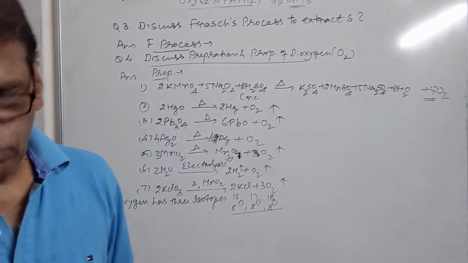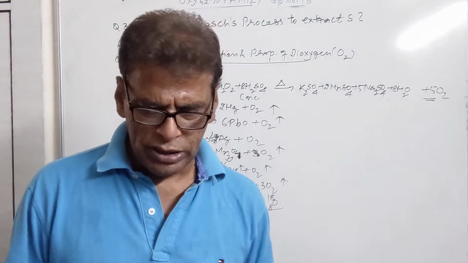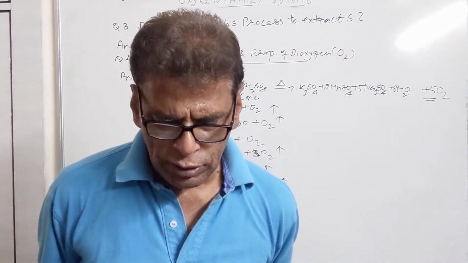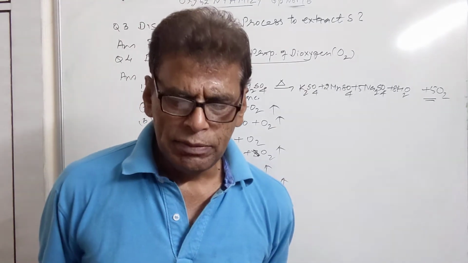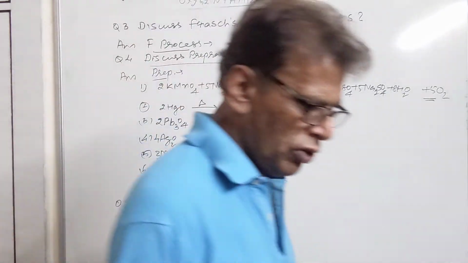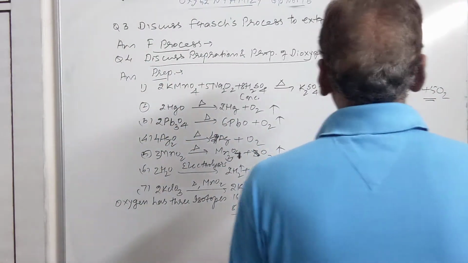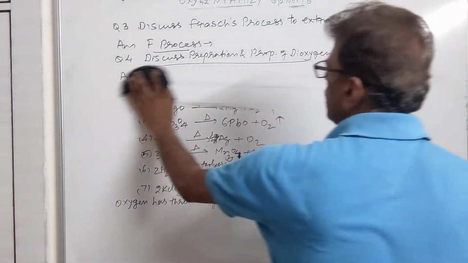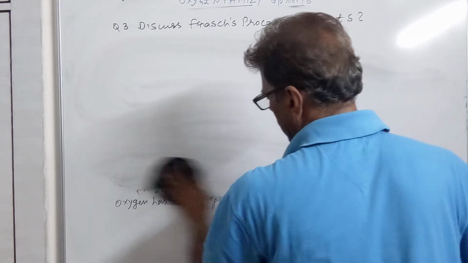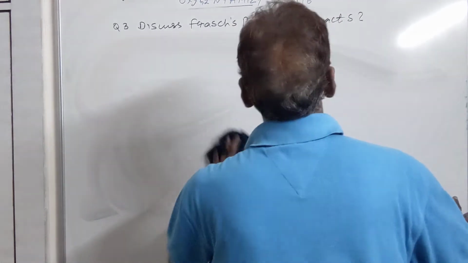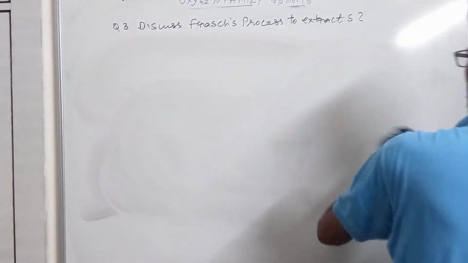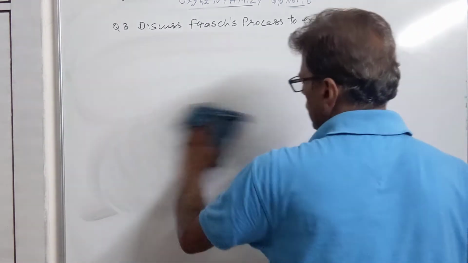Then we have chemical properties. It is neutral to litmus. There is no effect of oxygen on litmus. It is a supporter of combustion. It is a powerful oxidizing agent. Then we come to the chemical properties of oxygen. Whatever compound we studied, four headings are common: action on metals, action on non-metals, action on compounds, and action on hydrocarbons in case of oxygen.